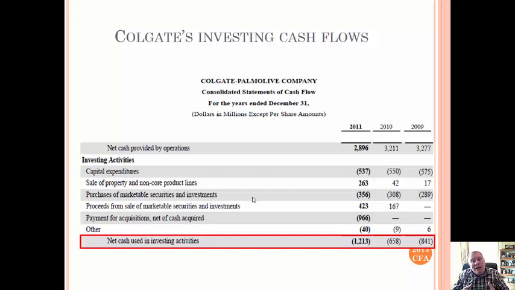Okay, so a lot of times companies, when they have excess cash, will be investing in very short-term instruments, and every time they buy and sell, that's considered a purchase or a proceeds. So I tend to look at them net, but this is telling us that they're turning over pretty fast on that, and that they had an acquisition. Payment for acquisitions net of cash acquired. So we do know they bought something.